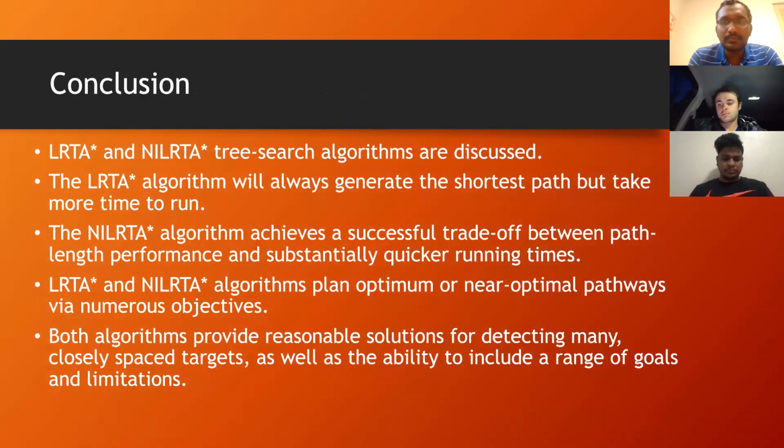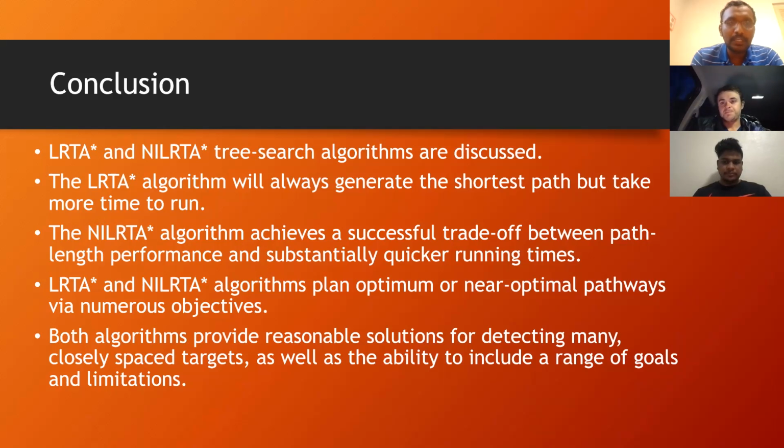To conclude, in this part of the paper, they compared two algorithms, and the resultant shortest path depends on the step length of the curve. The LRTA algorithm always generates the shortest path, but it takes more time.